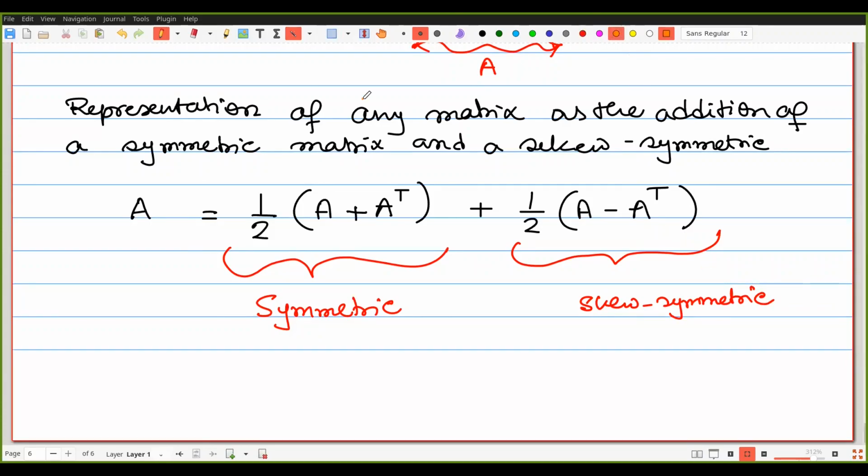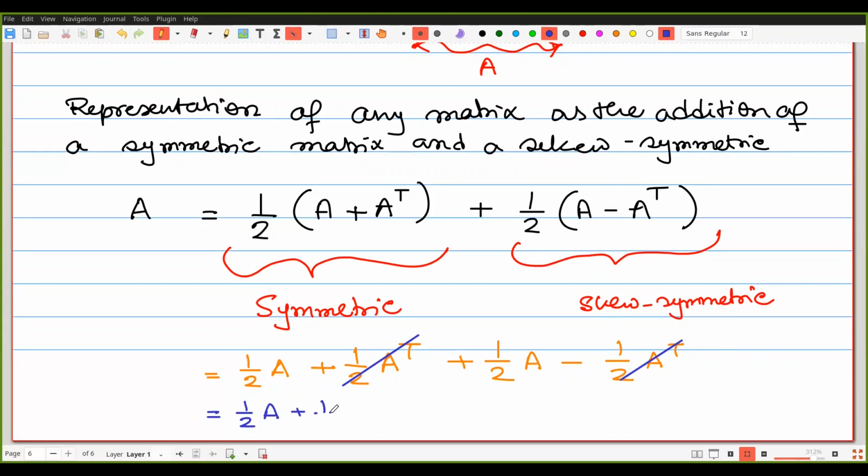Let's check what is happening. I am just decomposing: half A plus half A transpose, plus half A minus half A transpose. The transpose terms cancel, so we get half of A plus half of A, which is equal to A. That is the representation. That one is the symmetric, that one is the skew symmetric.